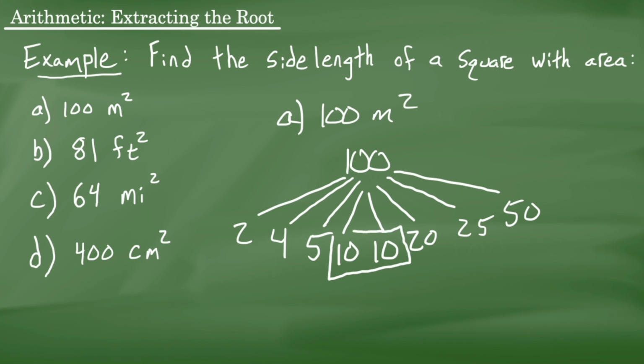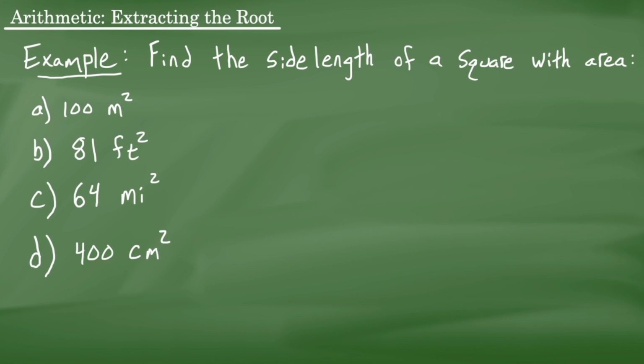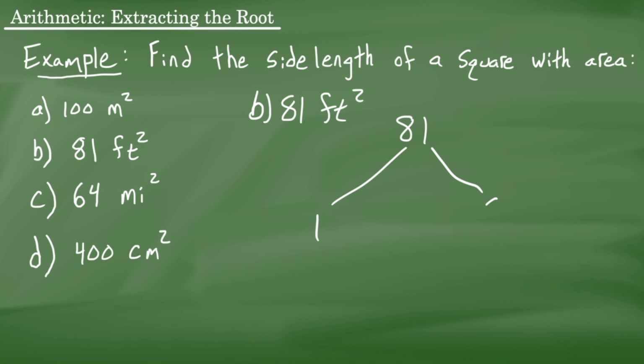If you have two numbers in the center like this that multiply, that is what the square root is looking for. This would give us then 10 meters. B, 81 feet squared. If we make a factor tree, we have 1 and 81.